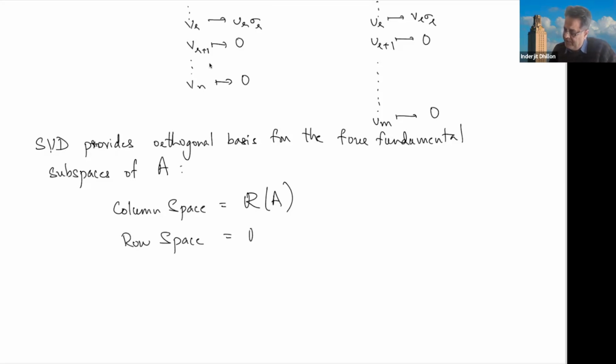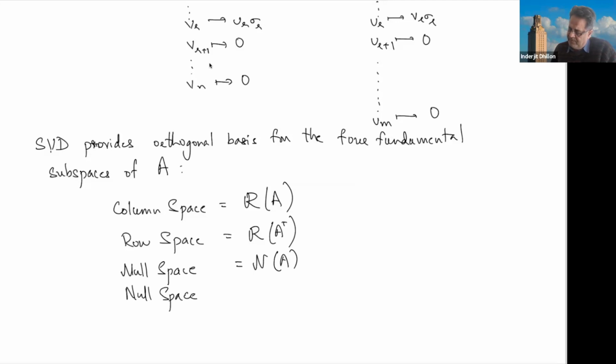So I can write the range space of A transpose. Then I have the null space of A, and the null space of A transpose. I don't need to get all fancy over here.